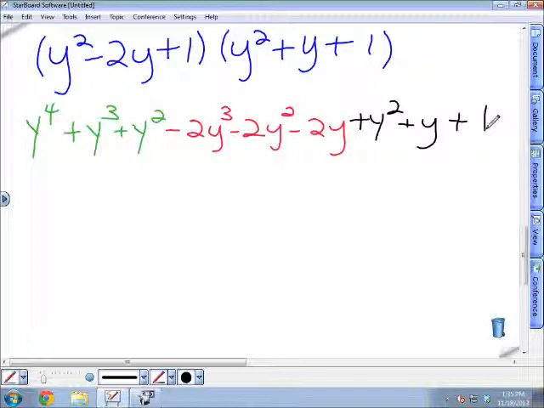Crystal, what am I going to do now? Combine the like terms. So help me do that. What am I going to write? Y to the fourth. Wait, can you combine the y cubed and negative 2y cubed? Yeah, and what am I going to get?